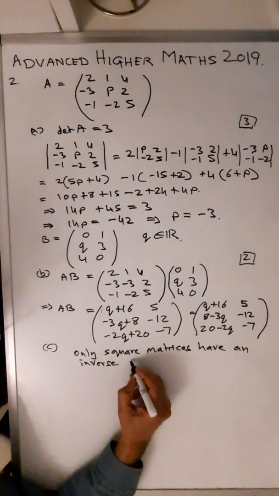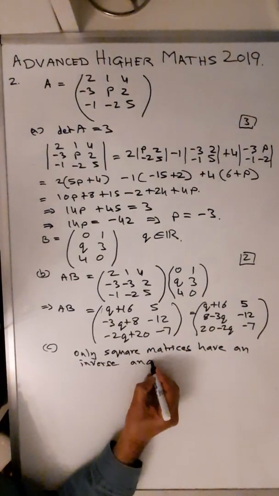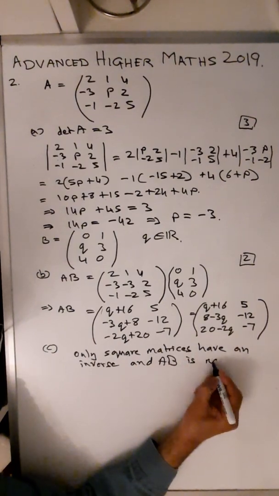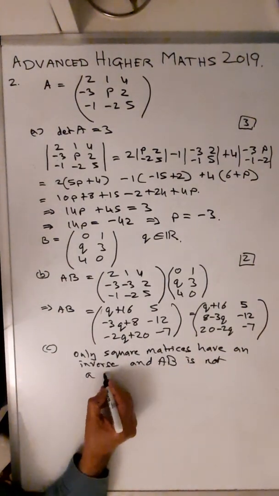Only square matrices have an inverse, and AB is not a square matrix.